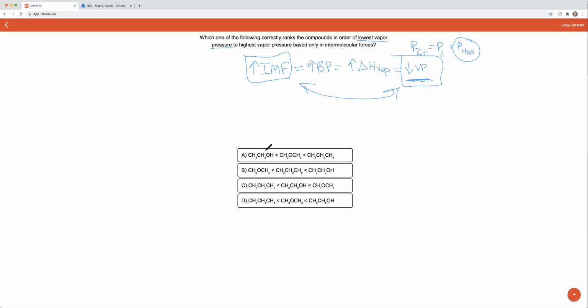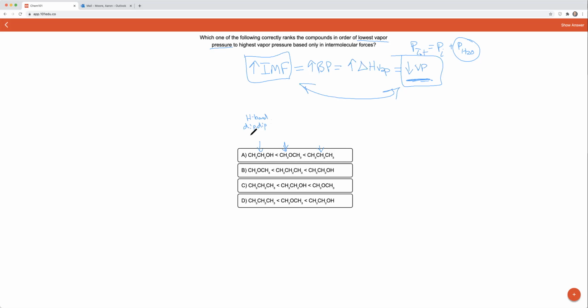So think about the intermolecular forces involved in each one of these substances, and I'll use this first choice to list them out here. For the ethanol, this has hydrogen bonding because it's got that oxygen-hydrogen bond. So this one has H bonding. And because it's a polar molecule, an organic with an oxygen in it, it does have the dipole-dipole.